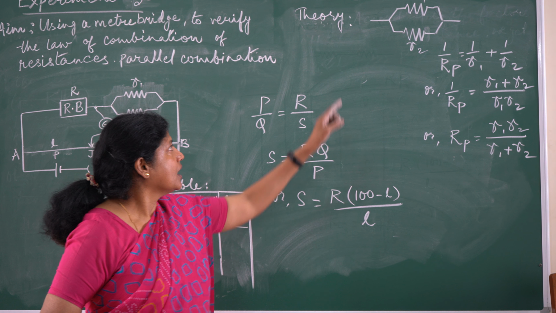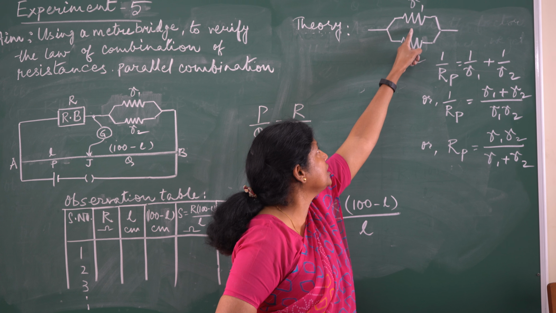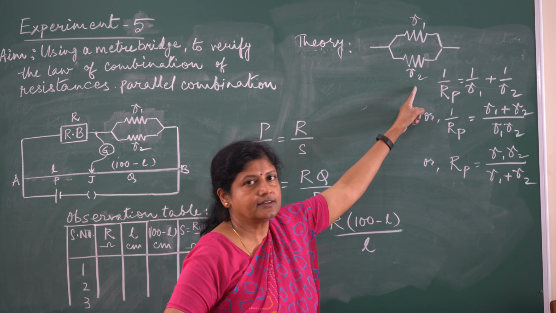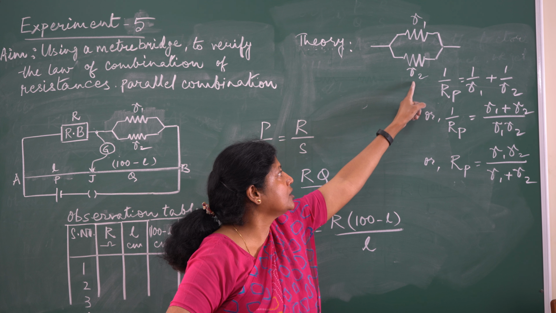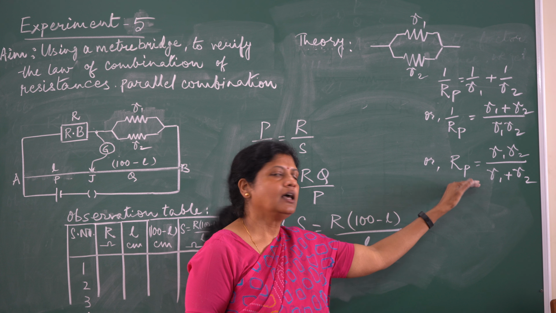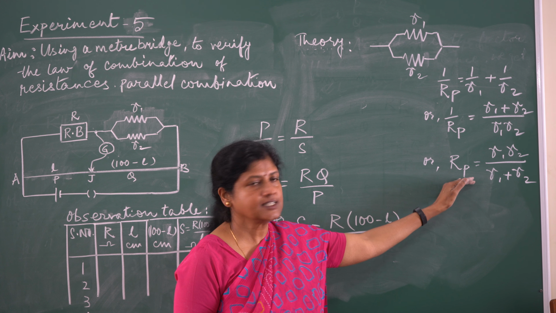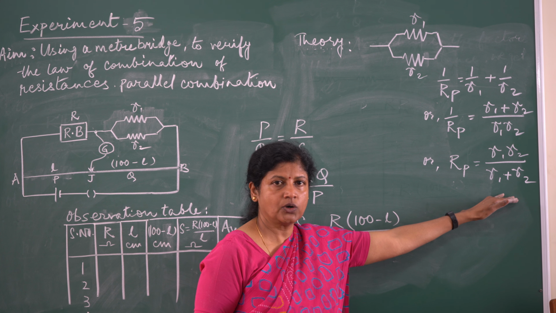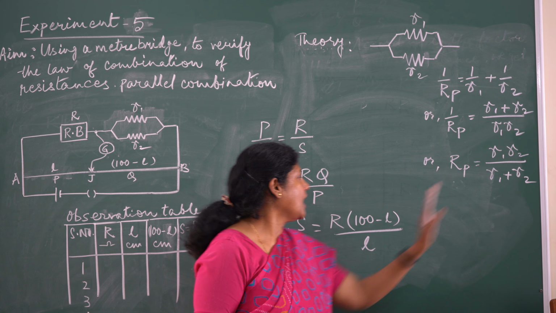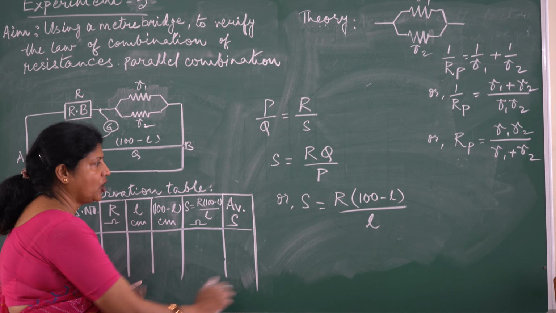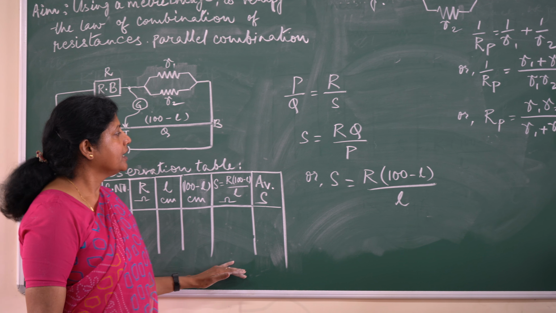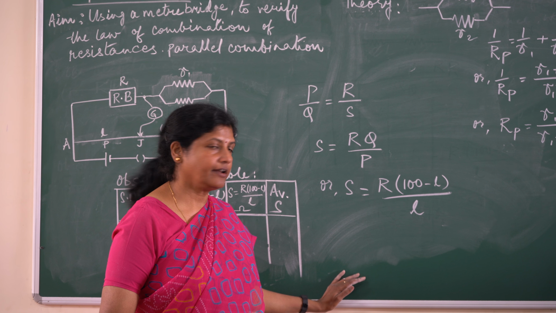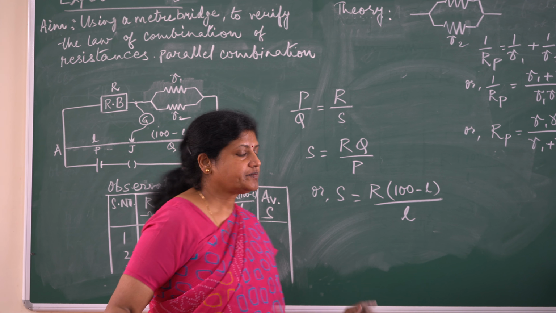If you know the values of R1 and R2, you know very well the equivalent resistance when they are connected in parallel. After getting a number of observations, you can calculate the error.